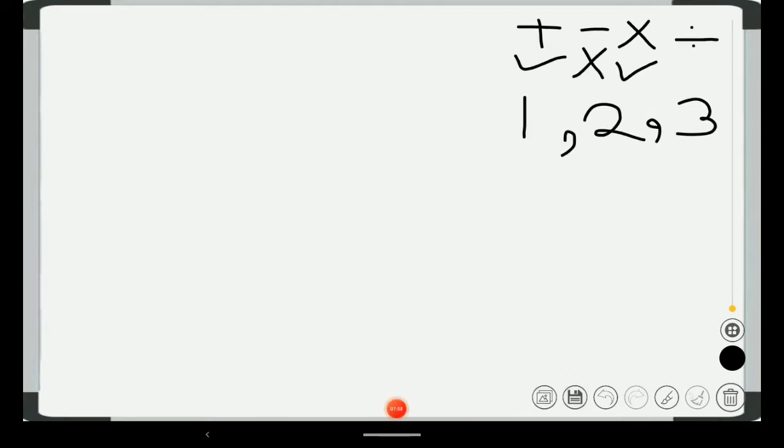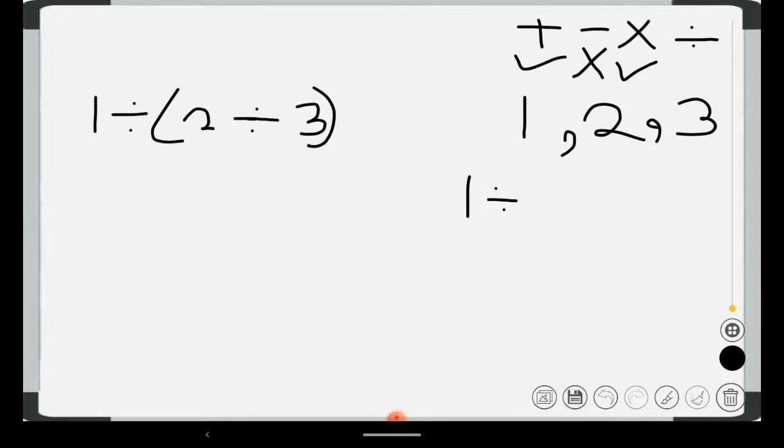Now let's check for division. 1 by 2 by 3 and 1 by 2 by 3.